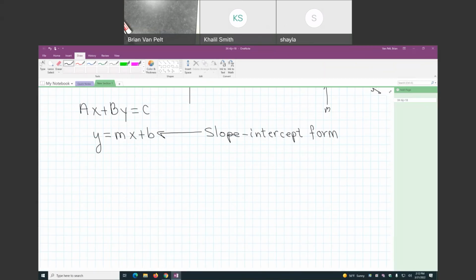You can tell the y-intercept just by looking at it. This here, I think, is called the standard form. So no matter what, one way or another, you're going to be switching in and out of one form to the other.